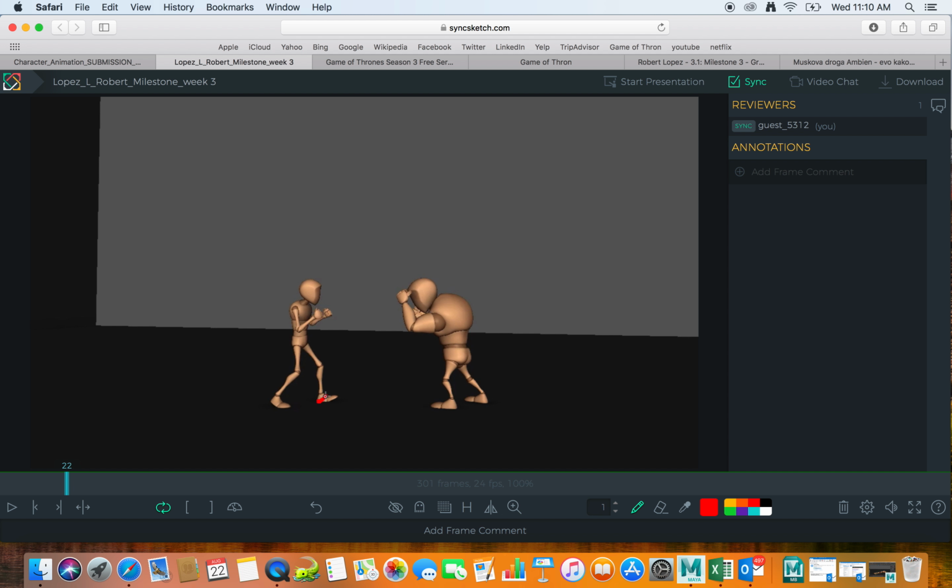It would be like that at the contact pose, and also the leg would be a little bit more stretched. This leg might be a little bit more bent with the knee going down.